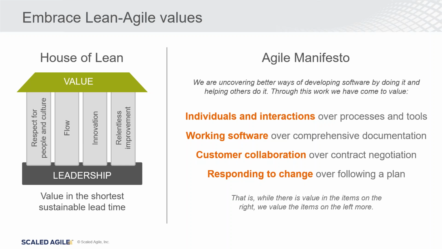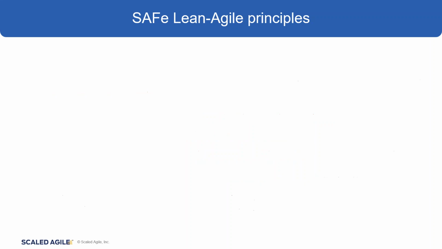Now these statements don't mean that there is no value given to the items on the right, or that those things shouldn't be done or are worthless. What it means is the items on the right are valued, but the items on the left are more important. And I think those are good fundamental concepts for working in a project management world.